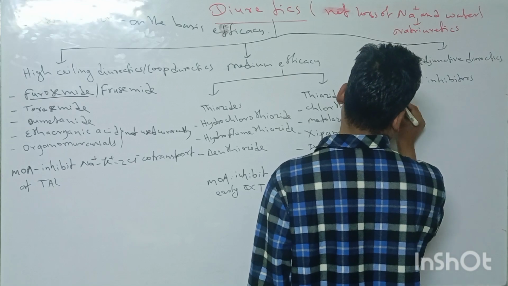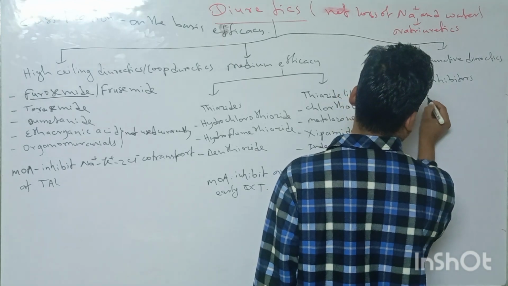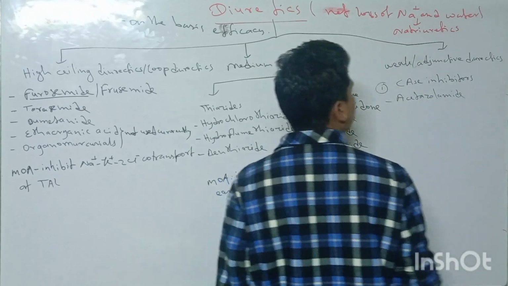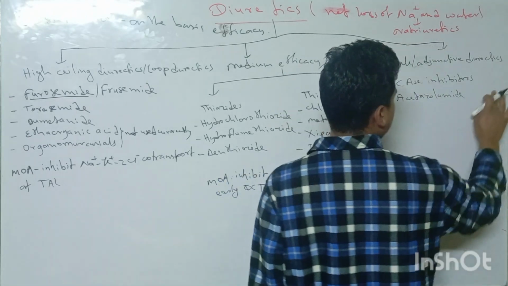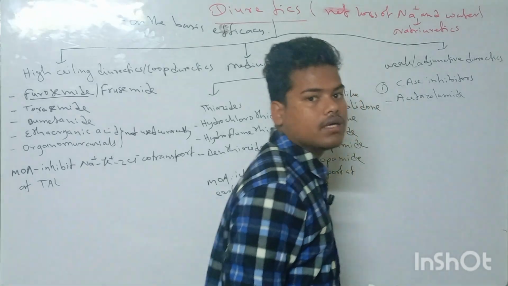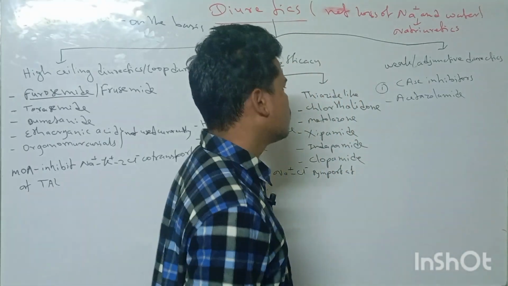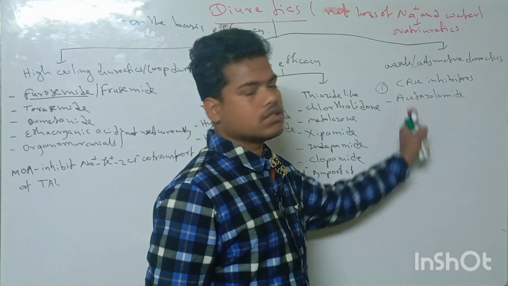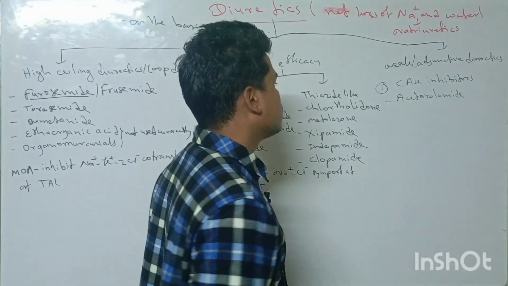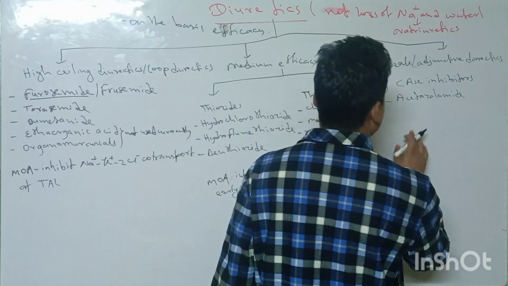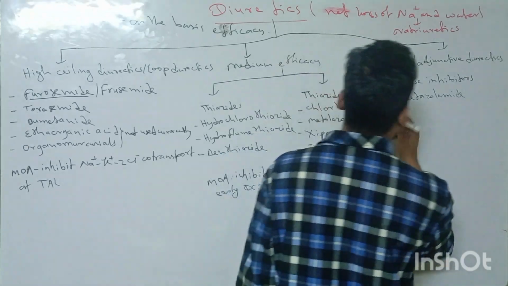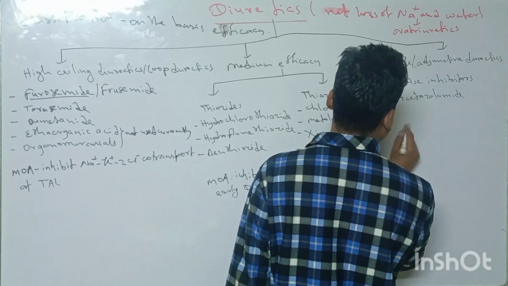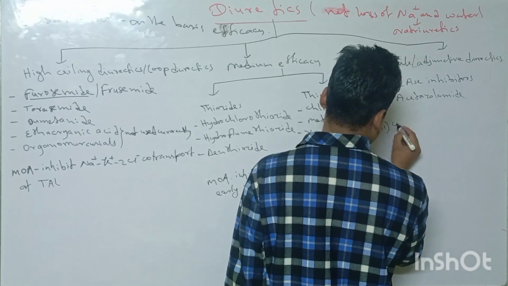Examples: acetazolamide, and some of its congeners like dorzolamide and brinzolamide. But the congeners, and this one too, are used mainly in glaucoma. Acetazolamide. Next will be osmotic diuretics.